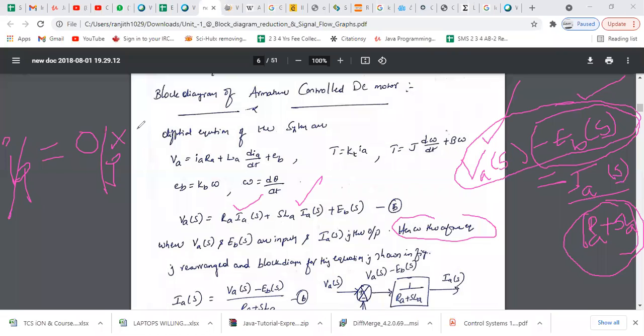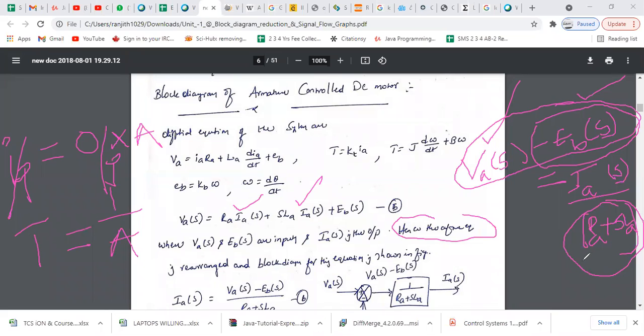Take that constant as some variable, suppose constant A. Right. What is the transfer function? Output by input. If you take the output by input, that is the transfer function, it becomes how much here? 1 by A.